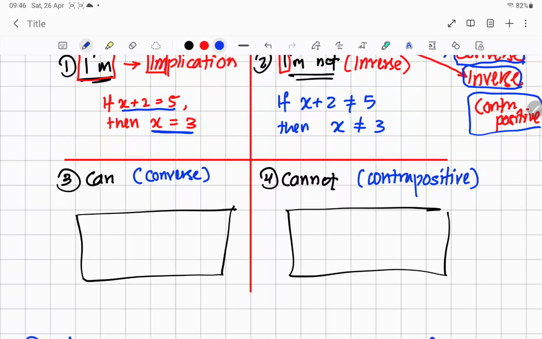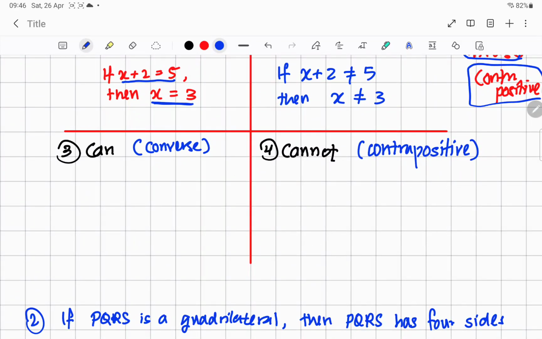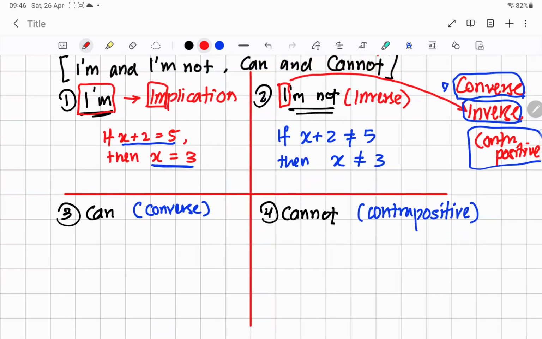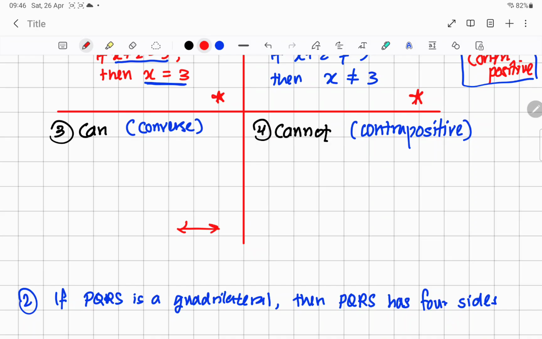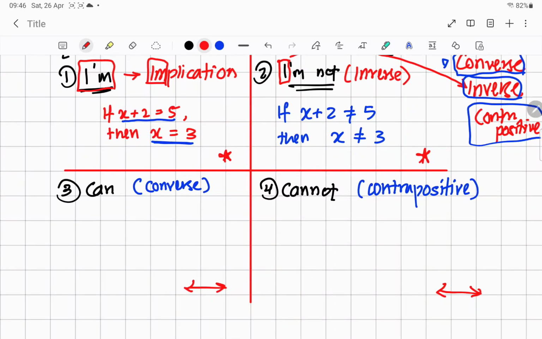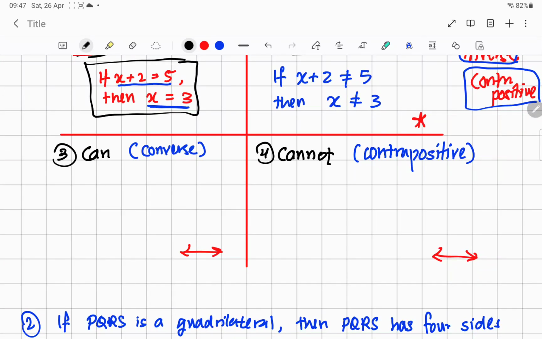So how do you get the converse and contrapositive? You can just shift the position of the statements of the implication answer above. So for the converse, you must shift the position of the statements. So how do you shift?